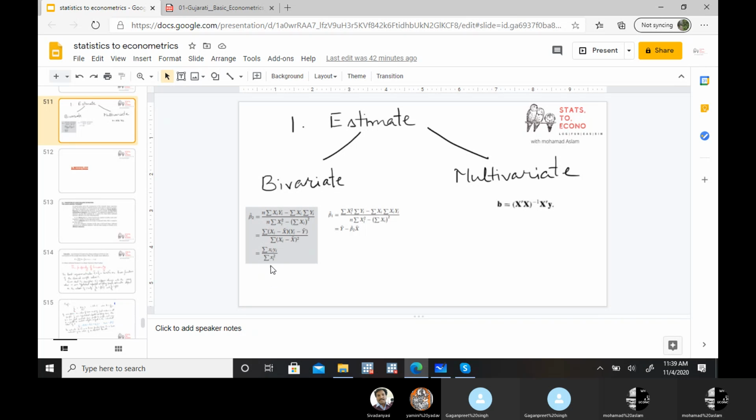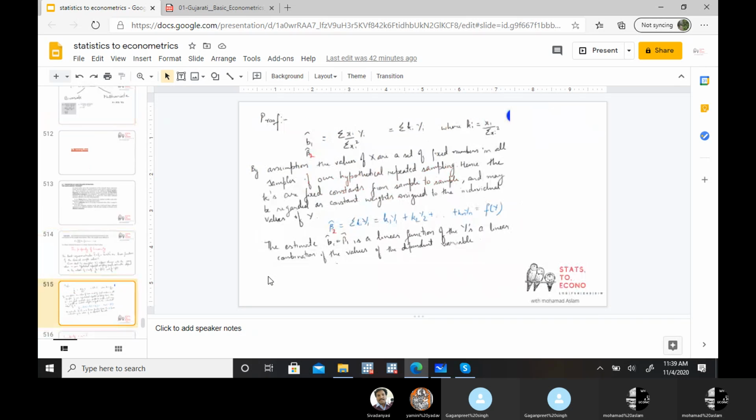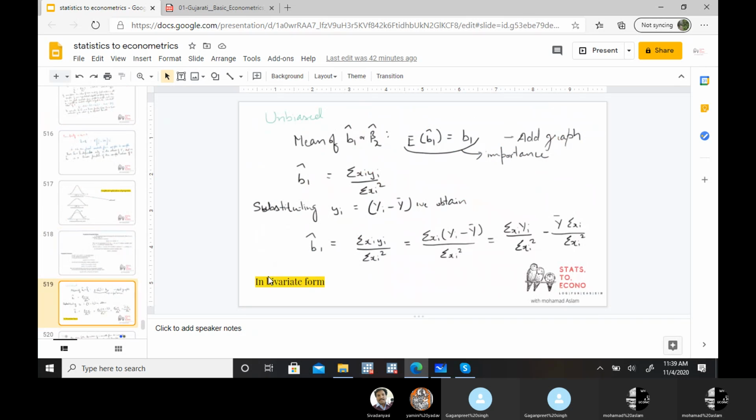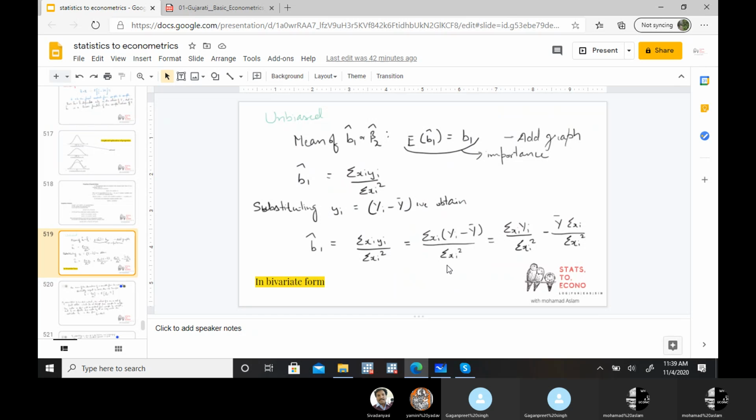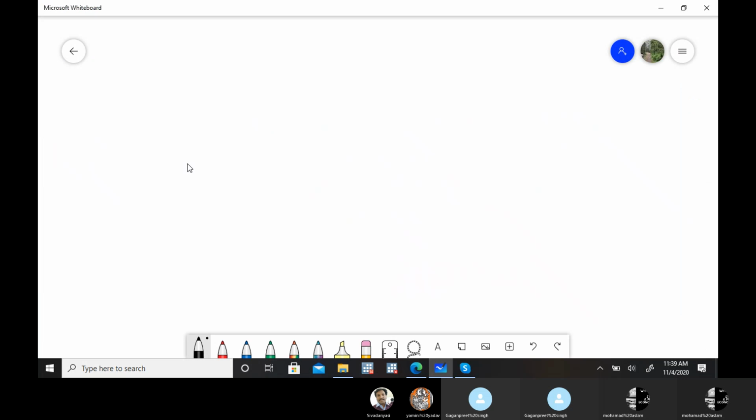From here I have already proved this particular value. Now this beta 1 hat or beta 2 hat, it's Koutsoyiannis notation, or if you go with the Gujarati notation, it's beta 2 hat, the slope coefficient. In the derivation, we did it in the deviation form, where this value is equivalent to this value.